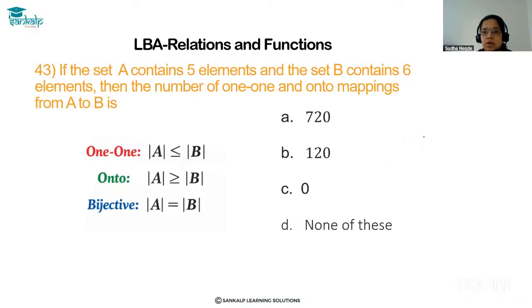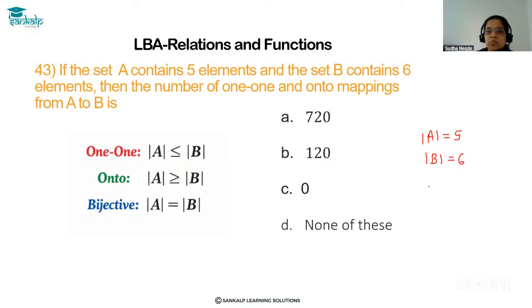Set A contains 5 elements, means mod A is equal to 5. Then mod B is equal to 6. Okay, you need to check the number of one-one and onto mappings, which means bijective mappings.